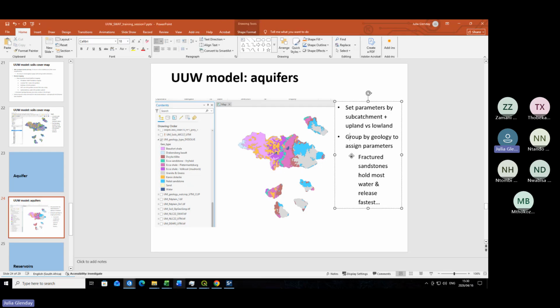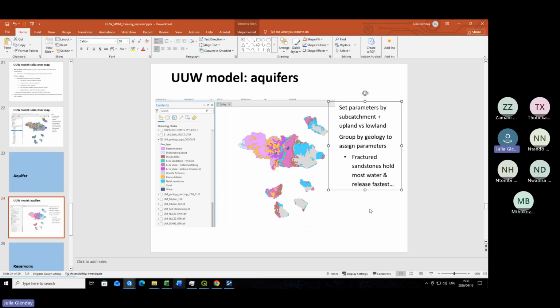To give you an overview, the fractured sandstones generally hold the most water. They have higher porosity, or specific storage I should say for an aquifer, and transmissivity as well. The rate of outflow is higher from the sandstones versus the shales, with the other ones falling in between.